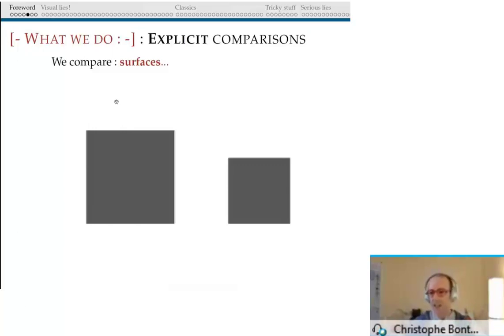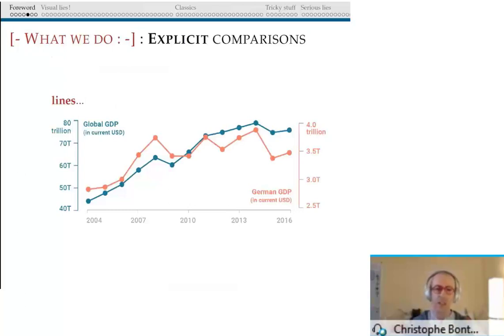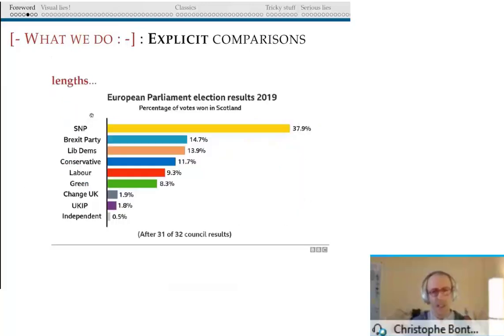We have here time and two different lines representing two different variables, which are global GDP. We're going to see this example later on, but we do compare lines, we compare lengths, bars, and we are pretty good at that. And we have seen tons of graphics like this in our lives and in our work.